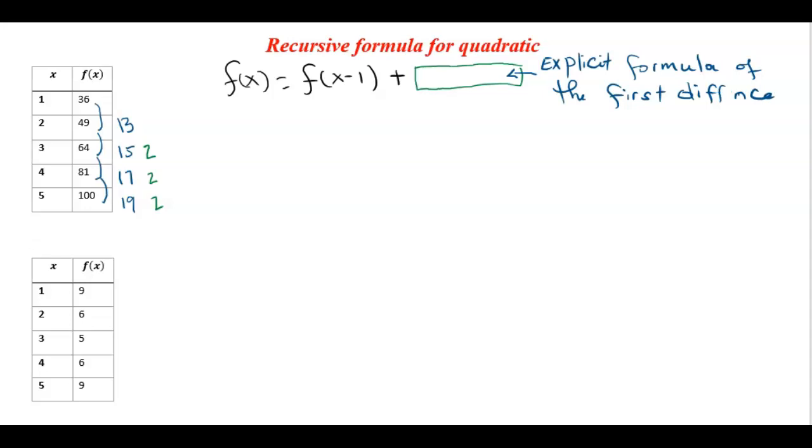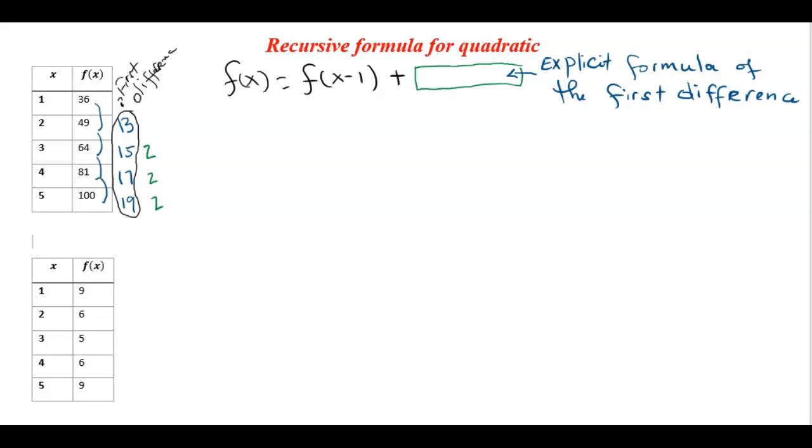Now we know our first difference is 13, 15, 17, and 19, and it's linear.